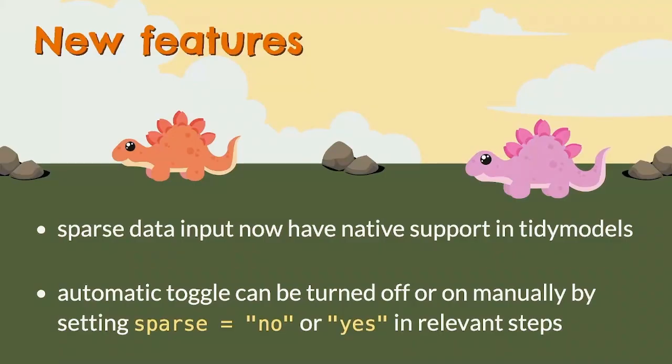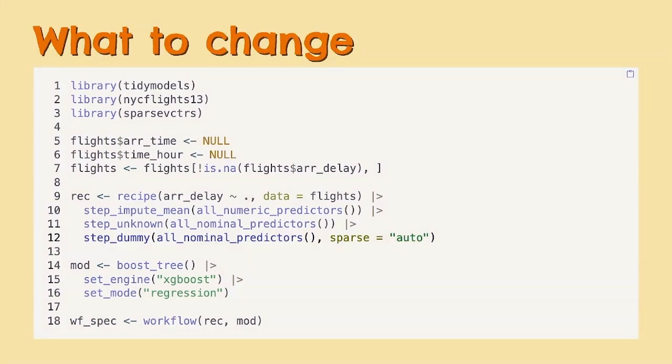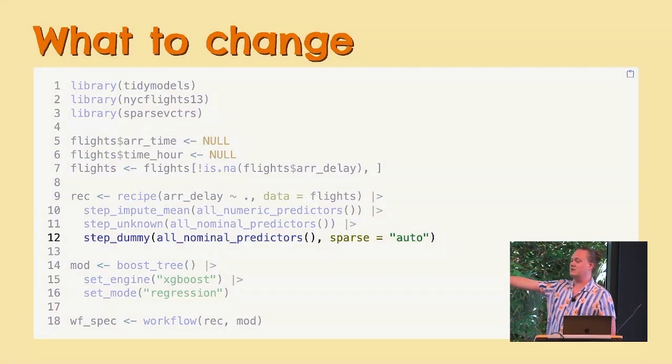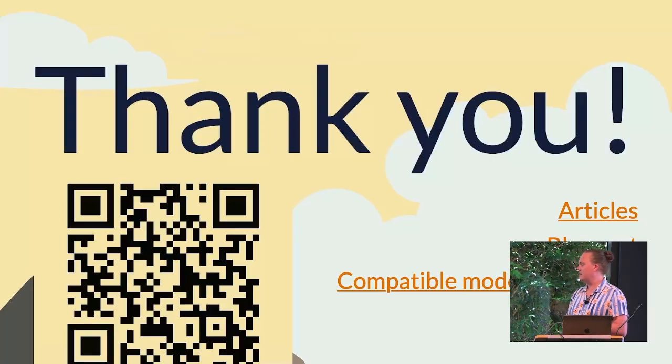And because we're not perfect, the automatic toggle can be turned off or on manually by setting the sparse argument in different steps to yes or no. So if you had this before, the only thing you need to change is setting this to yes. Our little prediction might not have affected it at all, but as far as we know, no one is seeing extreme slowdowns from this, but the potential in speed improvements is really high.